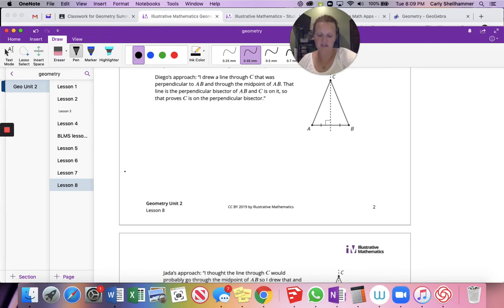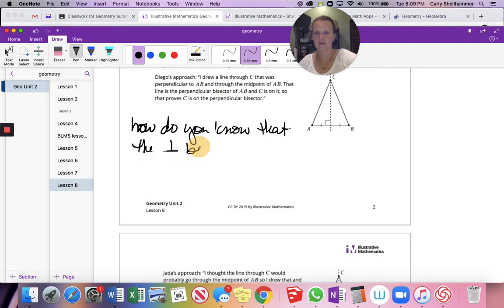If we look at this, it's good that Diego knows what being a perpendicular bisector means. How do you know that the perpendicular bisector will go through C?